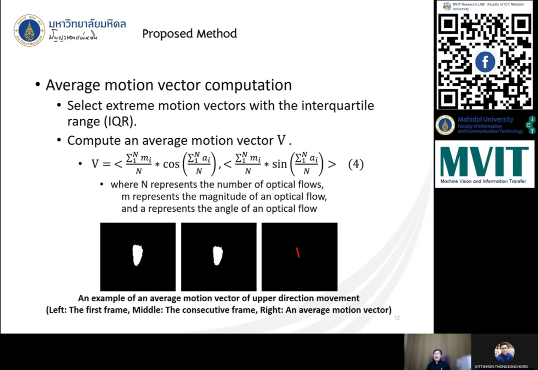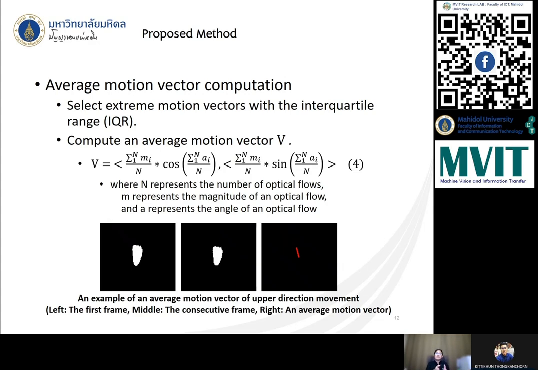Okay, so after we apply the optical flow, we select the extreme motion and ignore the noise vectors by using the IQR technique. After that, we convert to the average motion vector, as you can see from the equation here, that reports both direction and magnitude of the movement between two frames of the tongue.